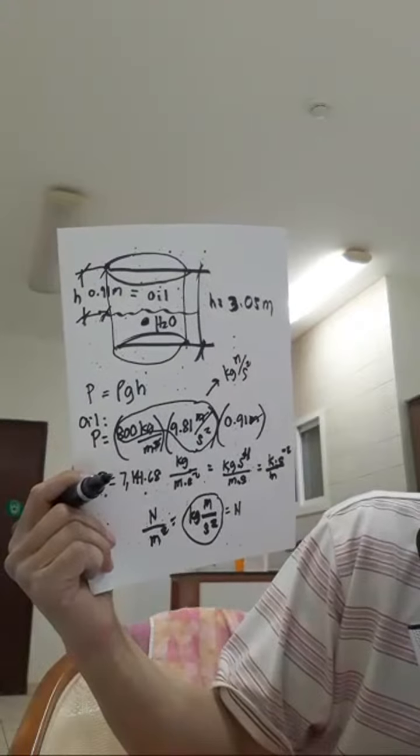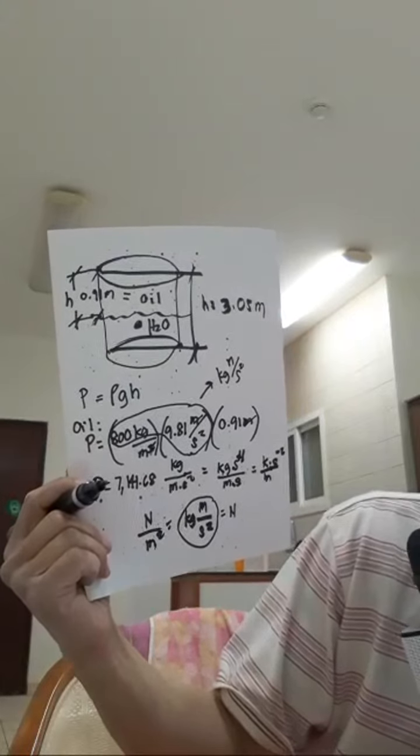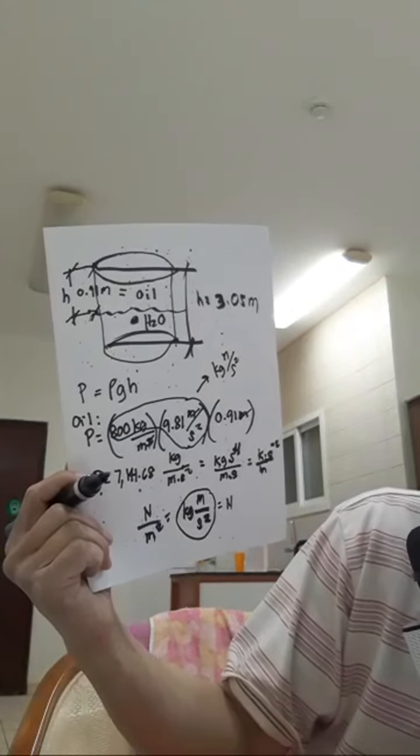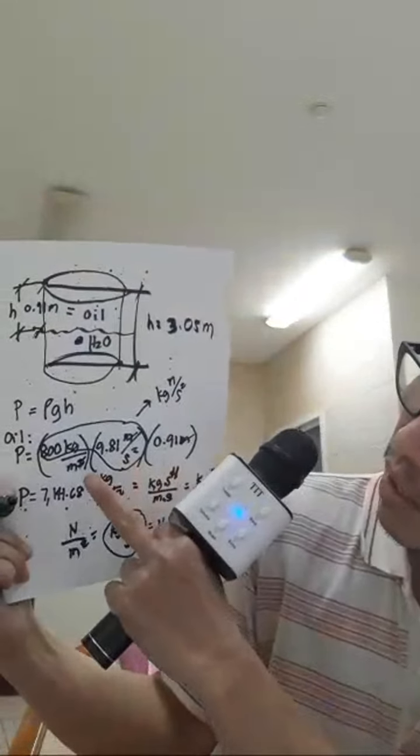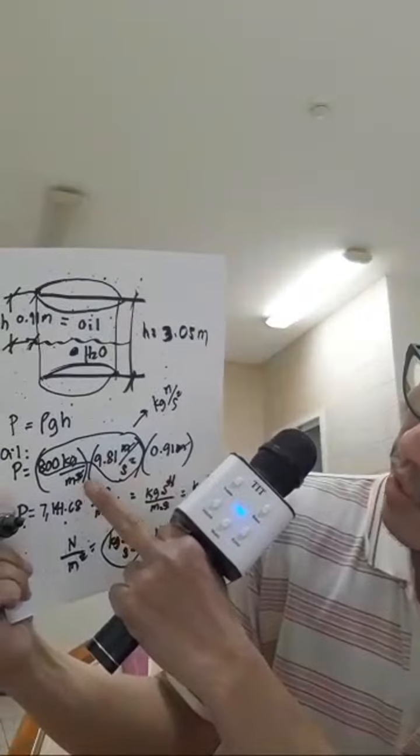Okay, then what will remain? Newton per square meter will remain because this meter will cancel, and this is meter cubed, right? So there's still meter squared left. So kilogram meter per second squared per meter squared, like this one.